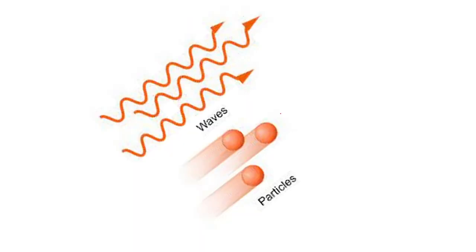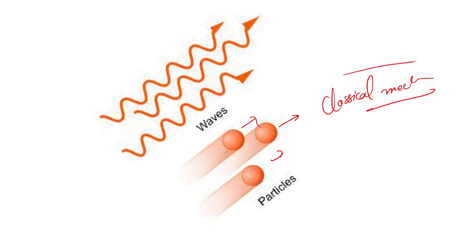So this is the condition. You see that these three balls are moving like this. This is the view when you measure things under classical mechanics. If we go further inside the particles, then we see this is the actual motion of these three particles: they are moving in the form of a wave, because the particles inside are moving as a wave, and that wave is called the matter wave.